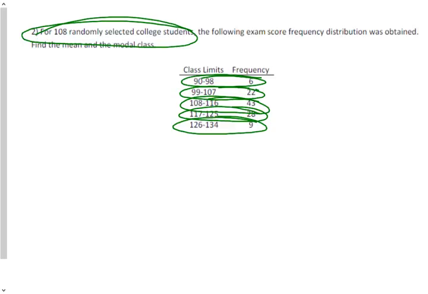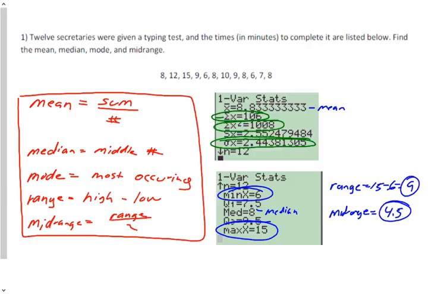What I want you to do is find the mean, median, mode, and all that. But we can't really do a whole lot because I don't know the exact numbers. So we're going to limit this to find the mean and the modal class. So the idea of mode, which I actually forgot to put on here, the mode of this, you would just have to look, and the mode here will be 8.